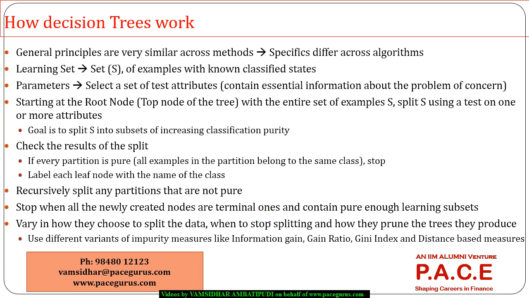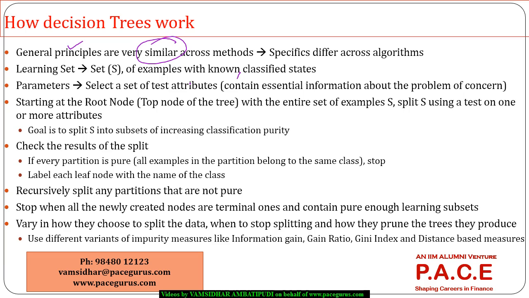Now that we know that decision trees are advantageous, we'll see what is the typical fundamental that goes behind the working of the decision trees. There are so many algorithms, right? In the next few sessions, we are going to discuss each of these algorithms itself. But a few things that I would like to highlight here is the general principles behind the working of the decision tree.